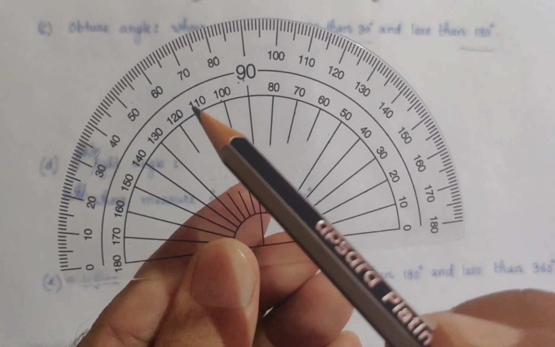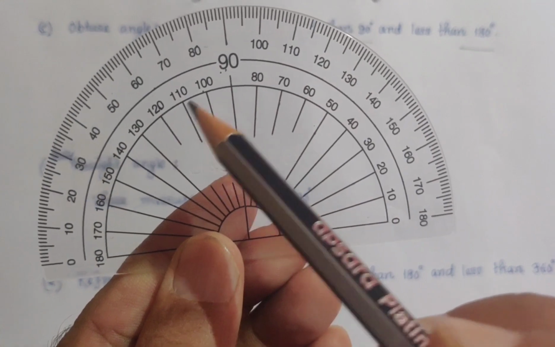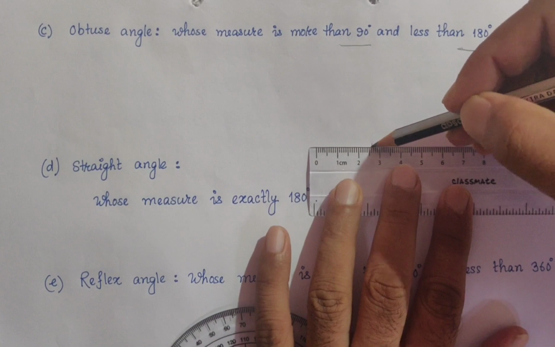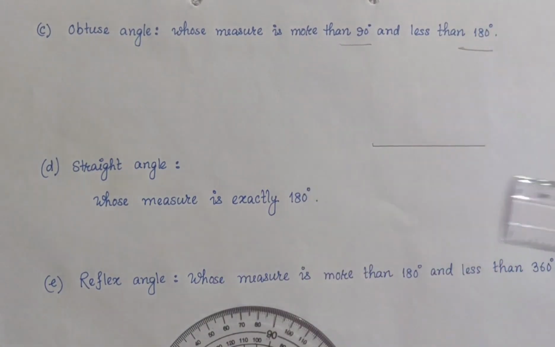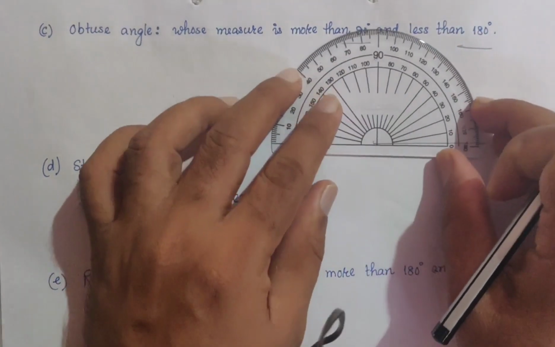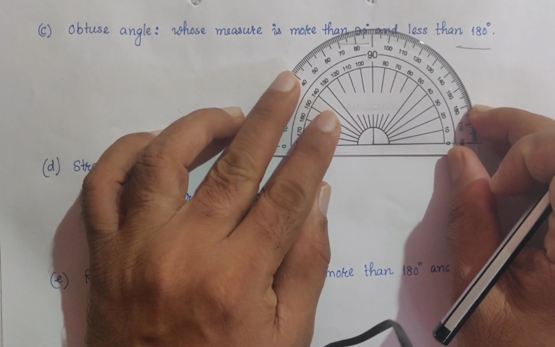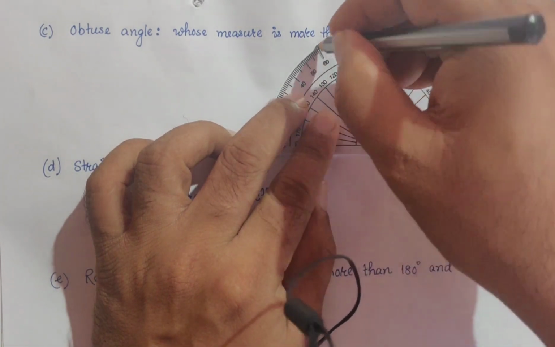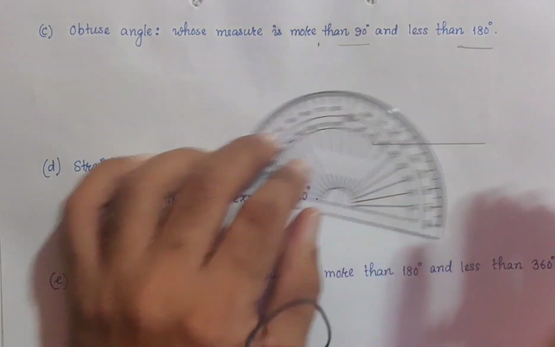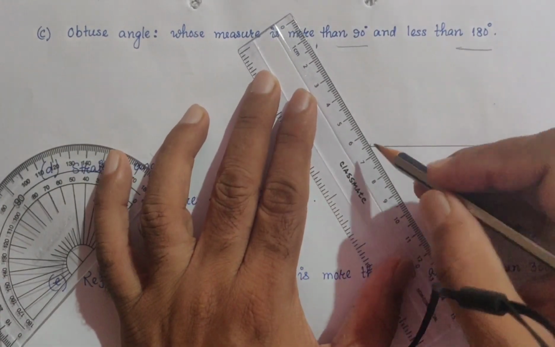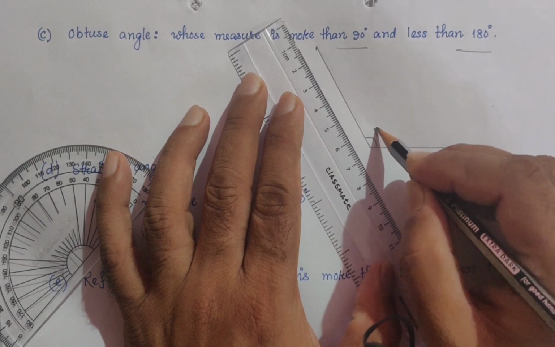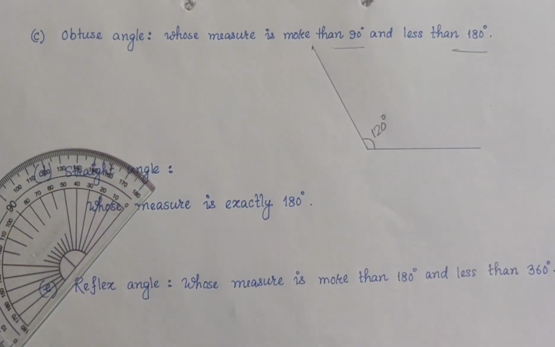Now let us see a 120 degree angle. Draw the base arm, one of the arms of the angle, and put the central point of the protractor. Now find 120 degree here and put a mark. This is the 120 degree mark, joined with the starting point. So this is a 120 degree angle, and it is an obtuse angle.